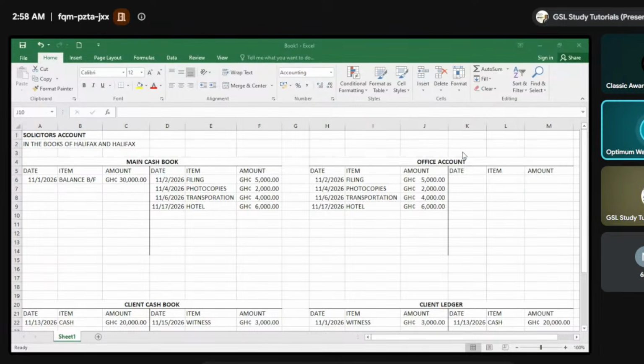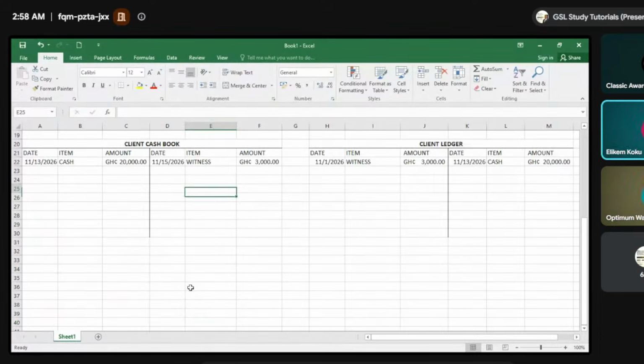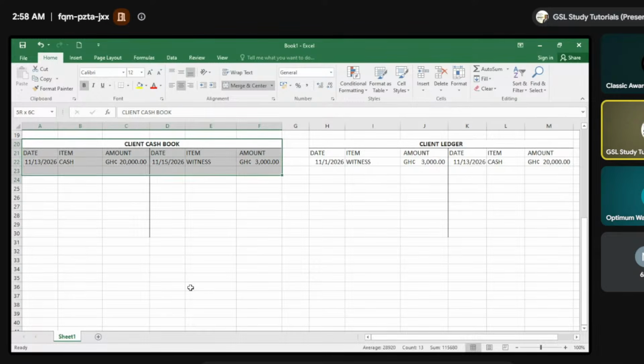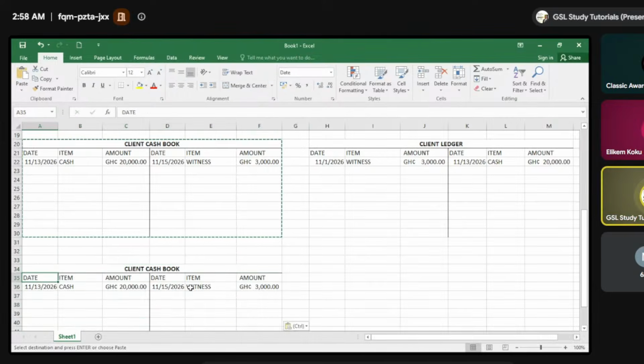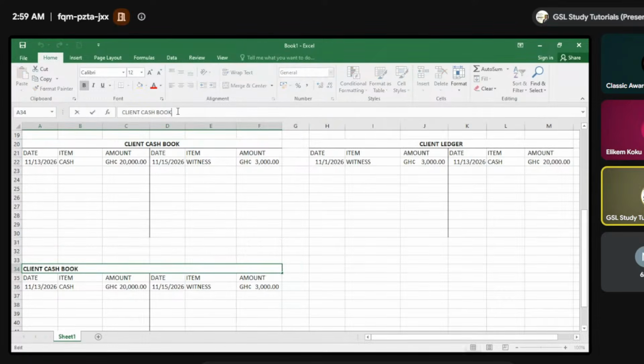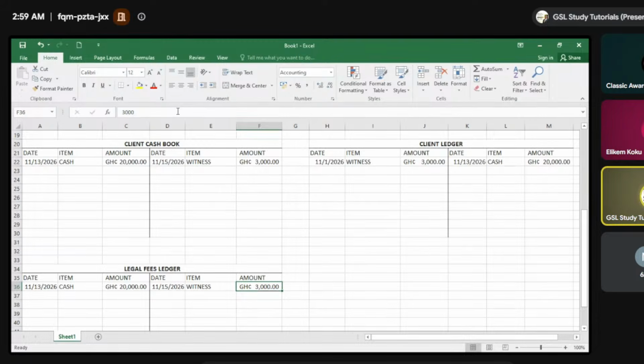So legal fees is credit, and then the client ledger is debit. Good. So we are having legal fees here. So let's look at the narration very, very well.